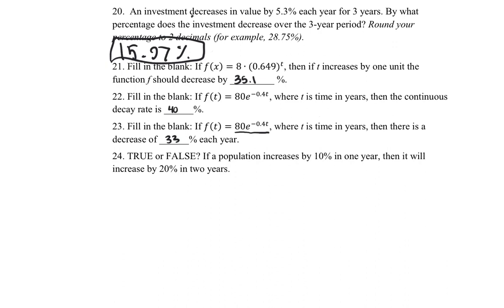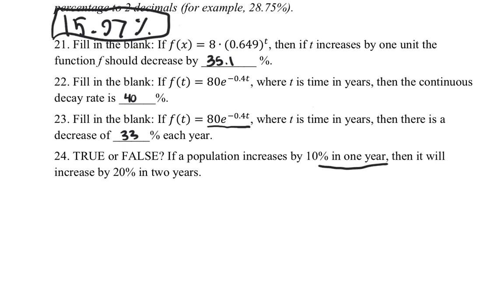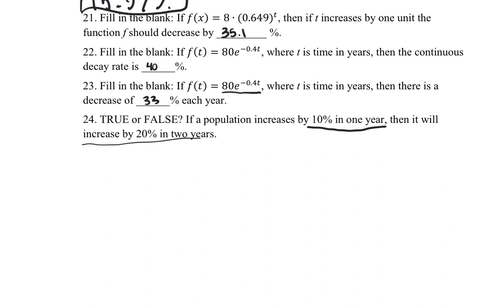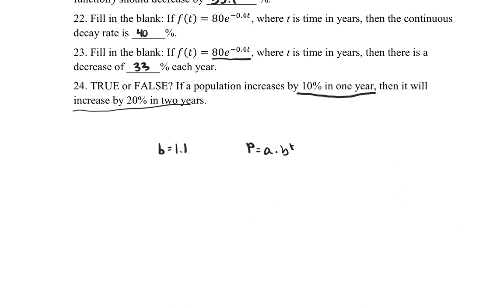Moving on to the next problem, we have true or false. If a population increases by 10% in 1 year, it will increase by 20% in 2 years. The way I would think about this is a 10% increase corresponds to an exponential function where the base is 1.1, or b. So if you set up p equals a times b to the t, p of 0 is a, and we want p of 1 to be 1.1a, which is just an increase of 10%.